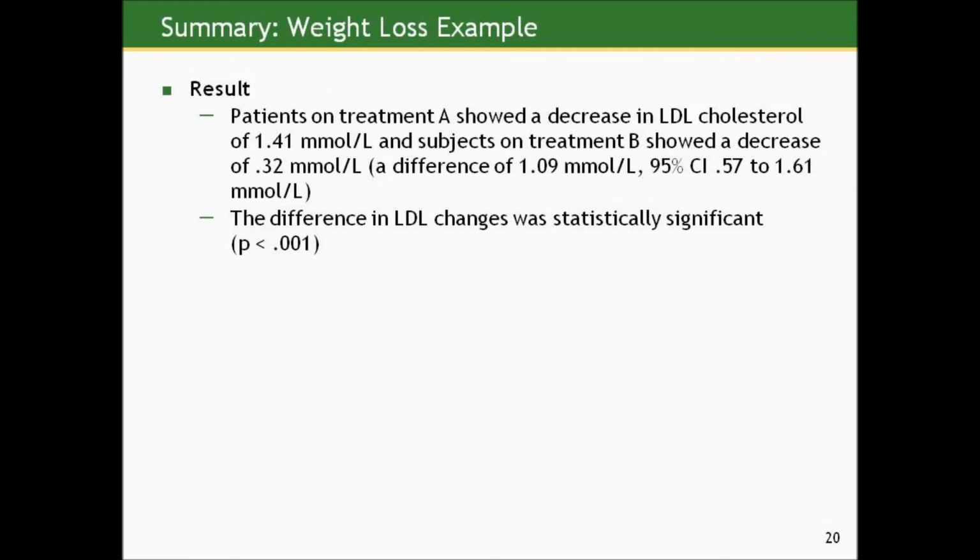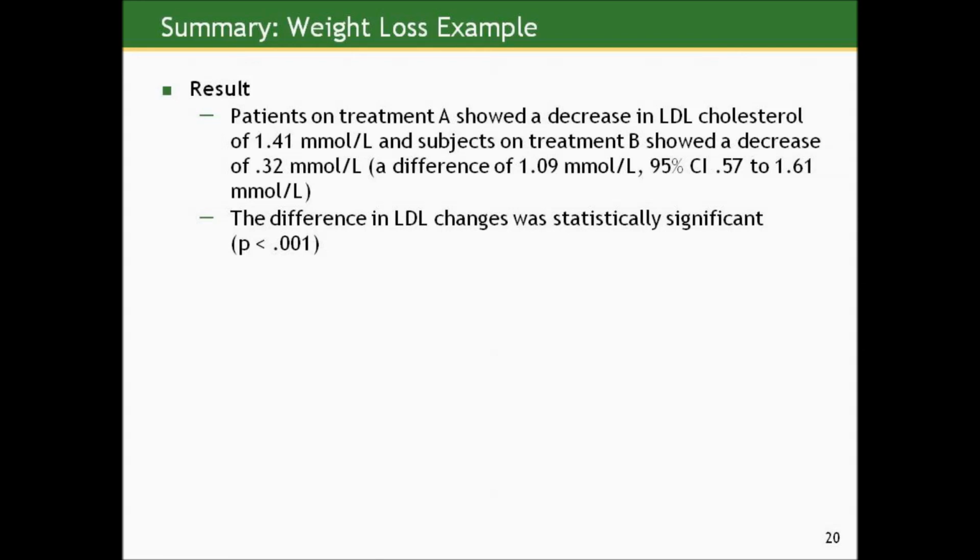Patients on treatment A showed a decrease in LDL cholesterol level of 1.41 millimoles per liter, and subjects on treatment B showed a decrease of 0.32 millimoles per liter. And this is a difference in changes of 1.09 millimoles per liter on average, with a confidence interval of 0.57 to 1.61.